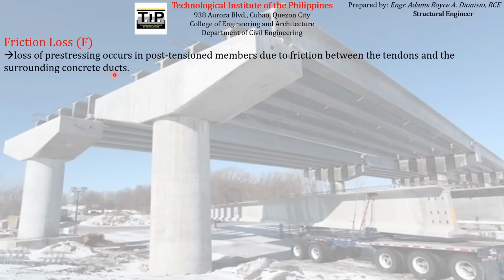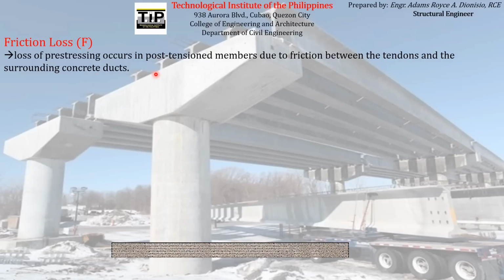And actually, this is mainly because of what we call the curvature. So when there is curvature, there will most probably be friction between the tendons and the surrounding concrete ducts.